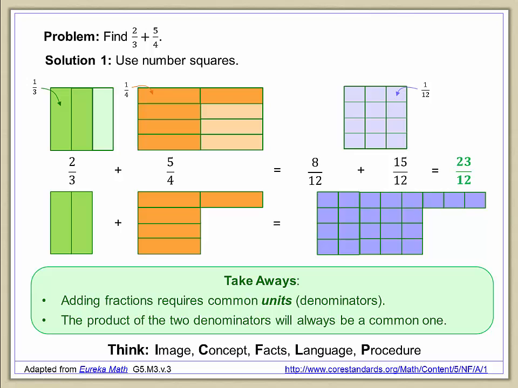The connection here to our standard for mathematical practice, number 7, is in really understanding the meaning of why a common denominator is the product of the 2, and how that allows us to then create the same units and add or subtract. This also works with subtraction, as we'll see in the next slide.